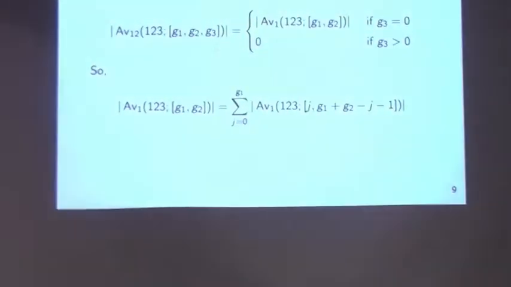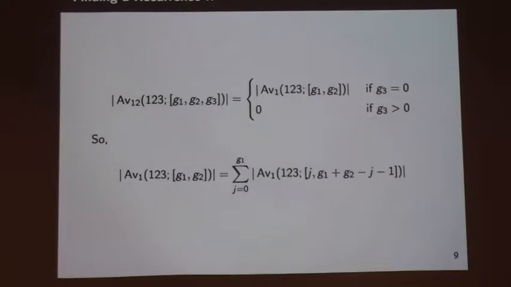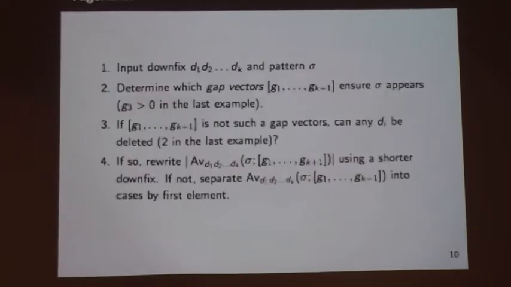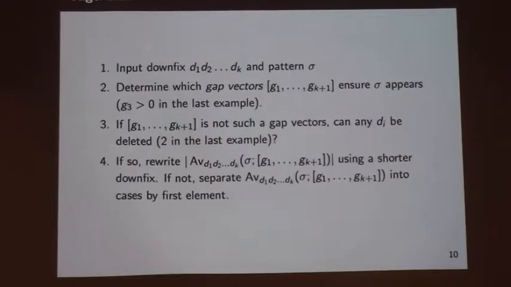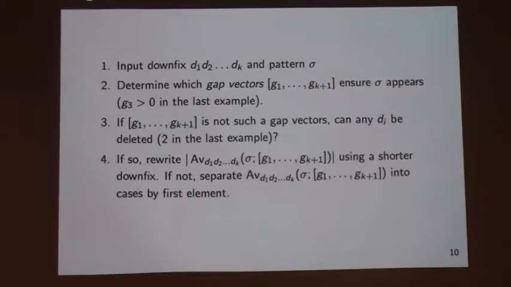Once I use these two insights, I get a nice recurrence, and I'm able to count everything really easily. Cool. So that's the idea behind enumeration schemes. The general algorithm is you input some downfix and some pattern. You determine which gap vectors force a forbidden pattern to appear at some point. In our case, that was when G3 was greater than 0.